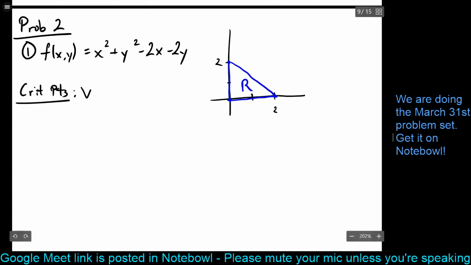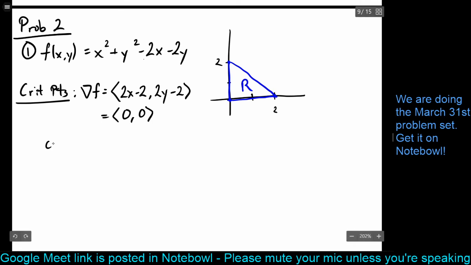We need to take the gradient of f, which in this case is 2x, this is gone, minus 2, and that would be gone. And then differentiate with respect to y. This is gone, this is 2y, this is gone, this is minus 2. And we want to set this equal to 0, 0.